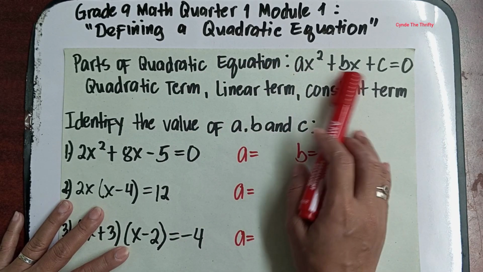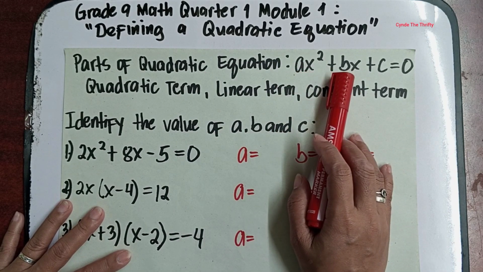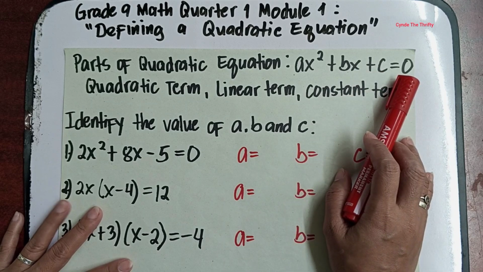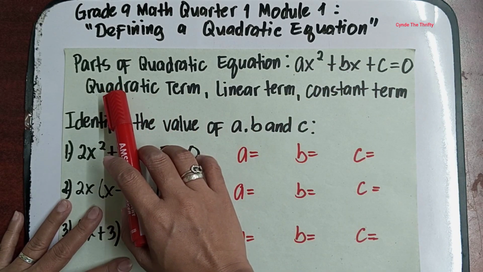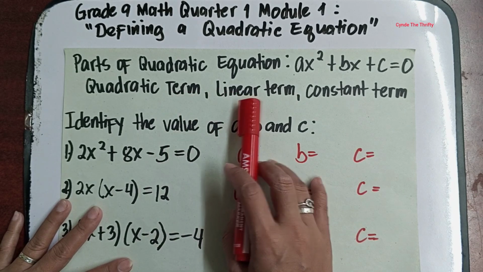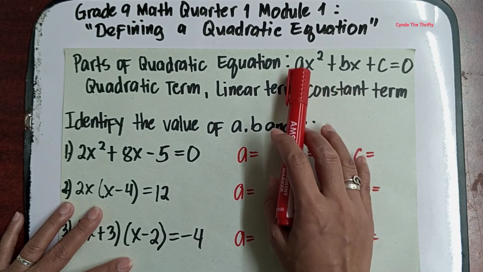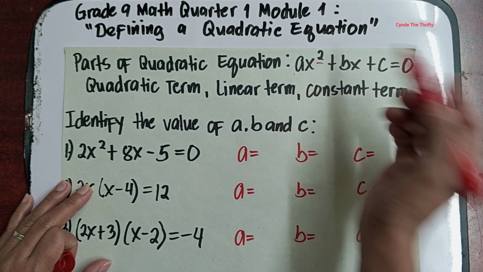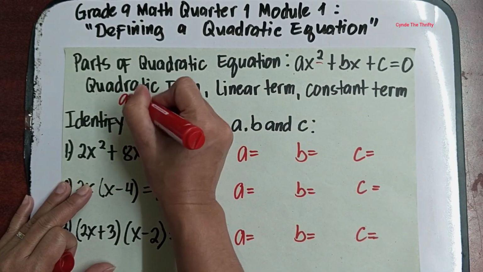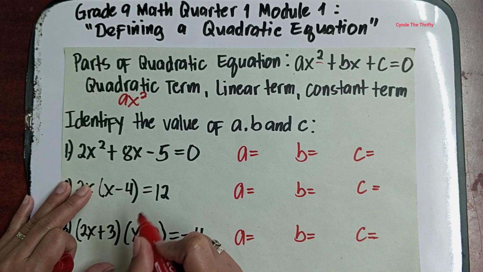So, ito yung quadratic equation natin. Ax squared plus bx plus c is equal to 0. Okay, identify natin ang kanyang parts. Okay, so meron tayong tinatawag na quadratic term, linear term, at constant term. Okay, so itong si ax squared, ito ang ating quadratic term or naka-degree 2. So, si ax squared ang ating quadratic term.